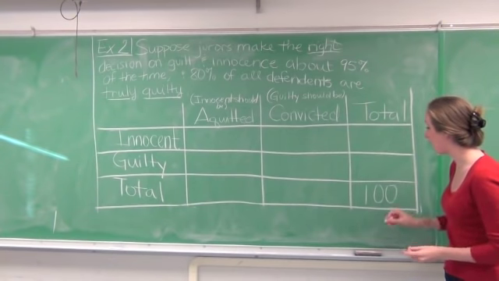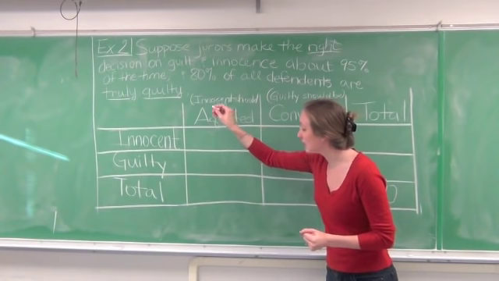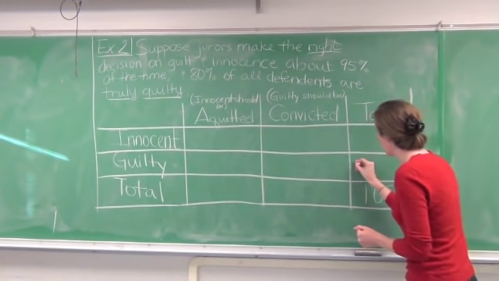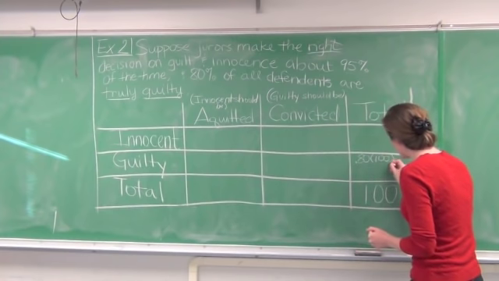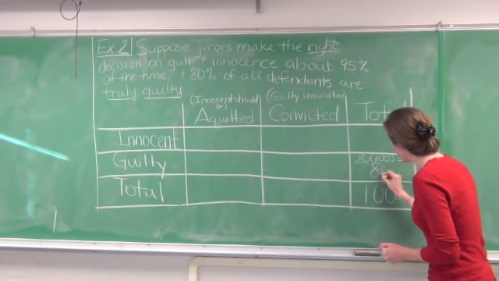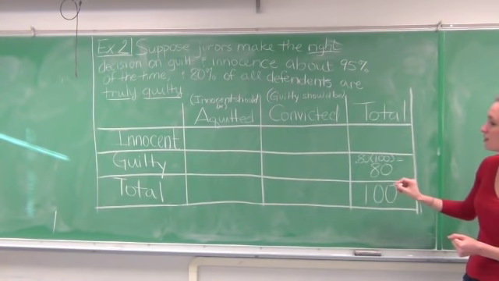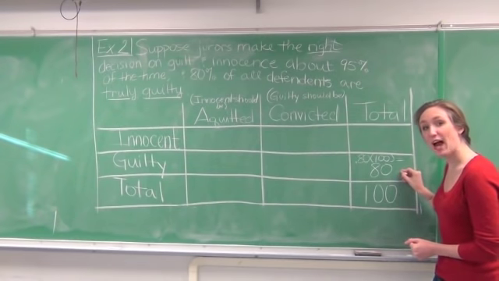So we're going to say, okay, of the 100, if 80% of the defendants are truly guilty, then 0.8 times 100. So out of the 100 defendants, 80 individuals actually did it.